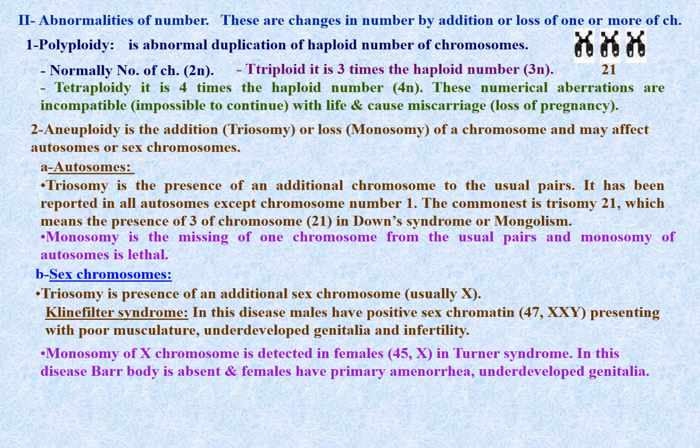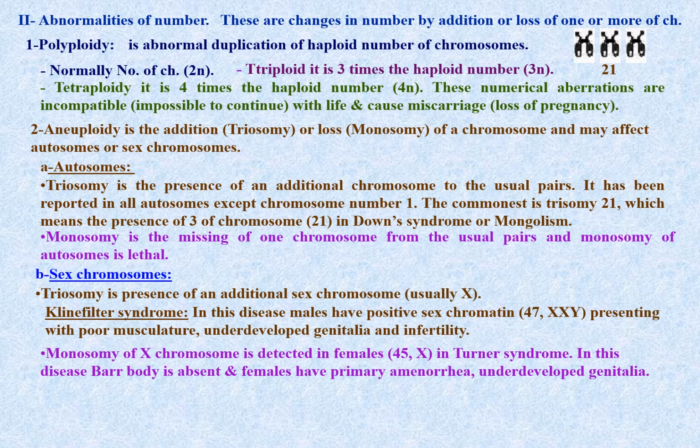Monosomy of the X chromosome is detected in females. Such females possess 45 chromosomes: 44 autosomes and 1 X chromosome. This is present in Turner syndrome. Turner syndrome is characterized by the abnormality where 1 X chromosome is missing. The Barr body is absent.